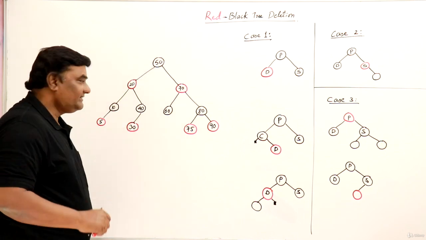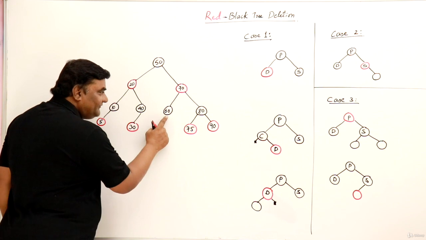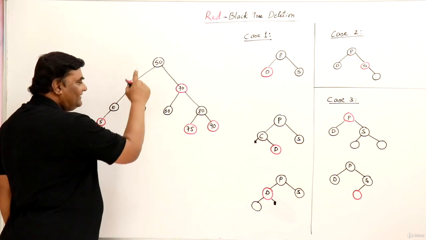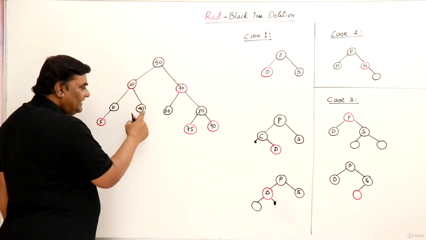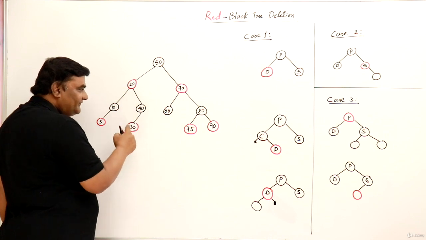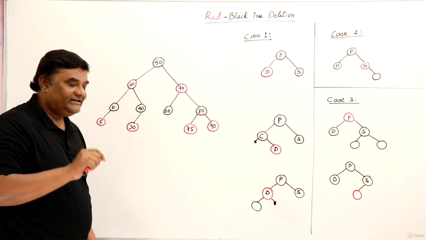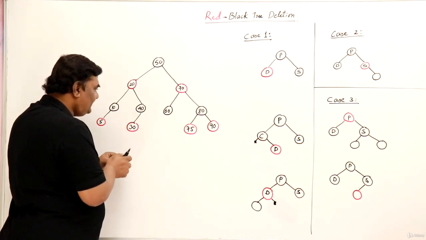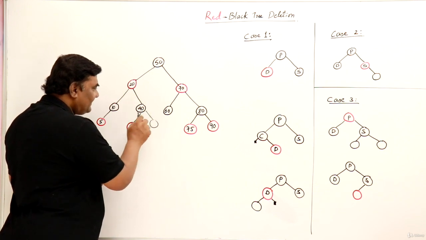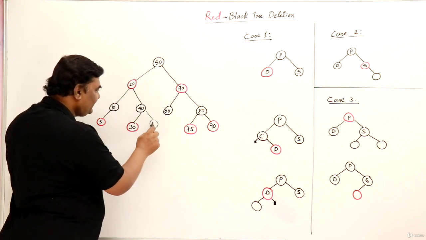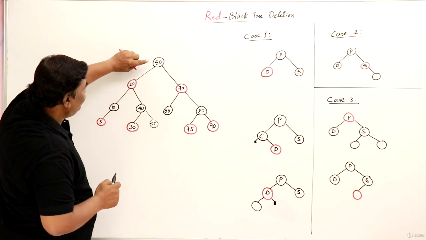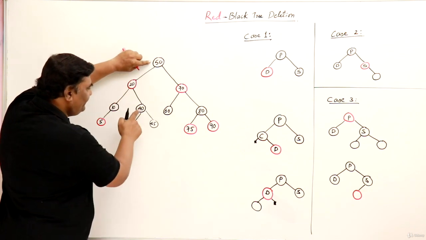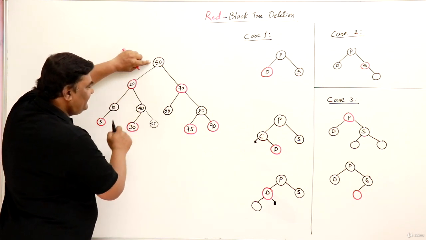Now if you observe in this example, 60 is a leaf node. Right? And 40 is not a leaf node. It is having one child, that is left child. It will not have right child. If suppose there is one child here, what it could be? It is greater than 40. So let us say 45. Then if I delete 50, who will take its place? 40 will not take its place. 45 will take its place.